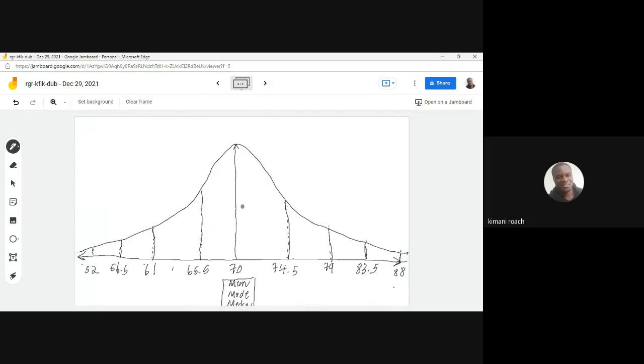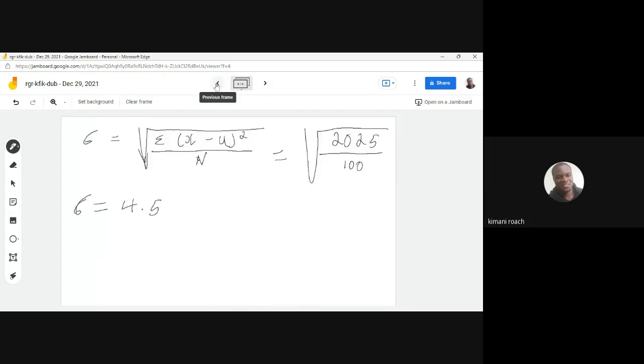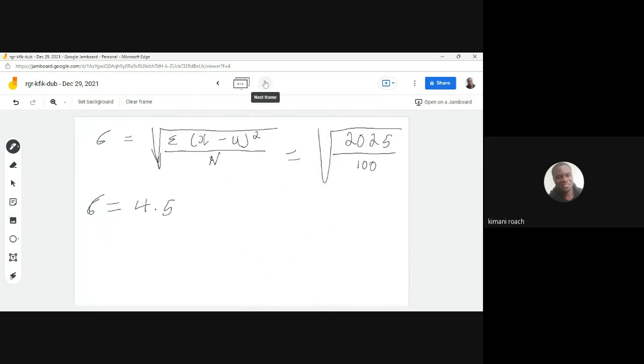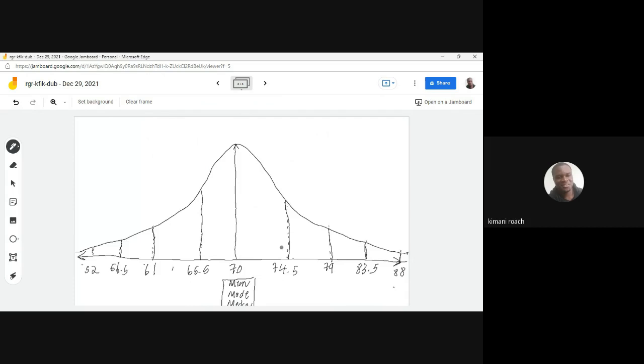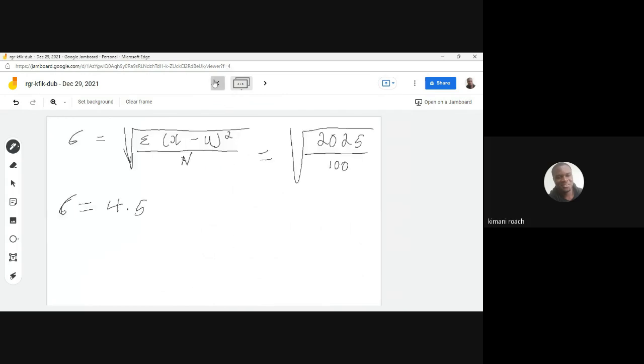If we go back to the data set, notice one standard deviation on both sides of my mean score, 65.5 to 74.5.